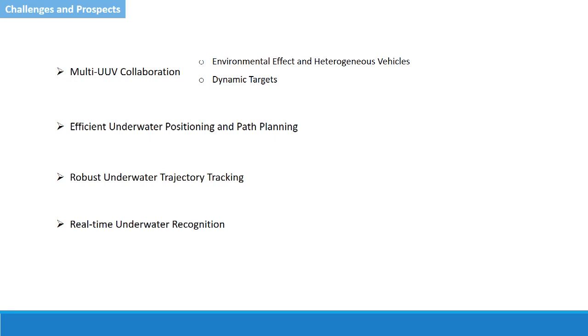The second one is efficient underwater positioning and path planning, which is also a crucial part for an efficient UUV navigation. The third one is robust underwater trajectory tracking, as robustness is always an important problem in underwater navigation. The final one is real-time underwater recognition.